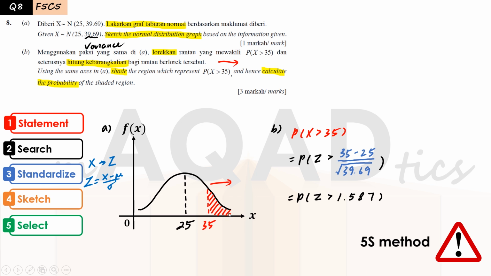Right, but our shaded region needs to satisfy these two criteria first. So the first criteria is it needs to be one-sided, which means our shaded region can only appear on the left side of the curve or the right side of the curve. Right? So now it's just the right side of the curve, then we have satisfied the first criteria. And the second criteria is it can be sketched from the right end of the graph.